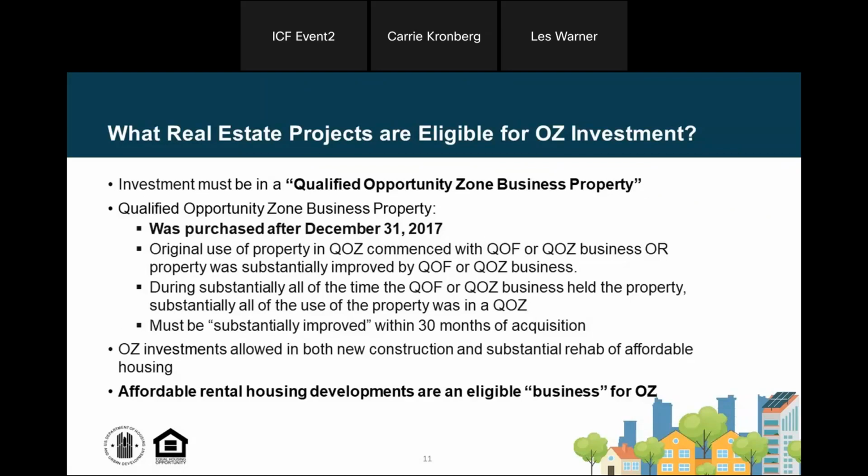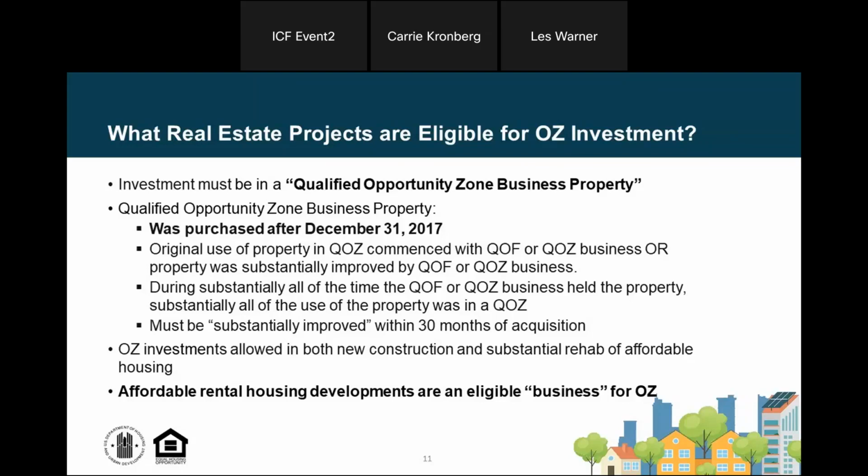When an OZ investor invests in real estate, as opposed to some of the other eligible business opportunities, the property must be in a qualified opportunity zone, and those, as we mentioned, are designated by the IRS. That property needs to be used in a trade or business of the qualified opportunity fund.